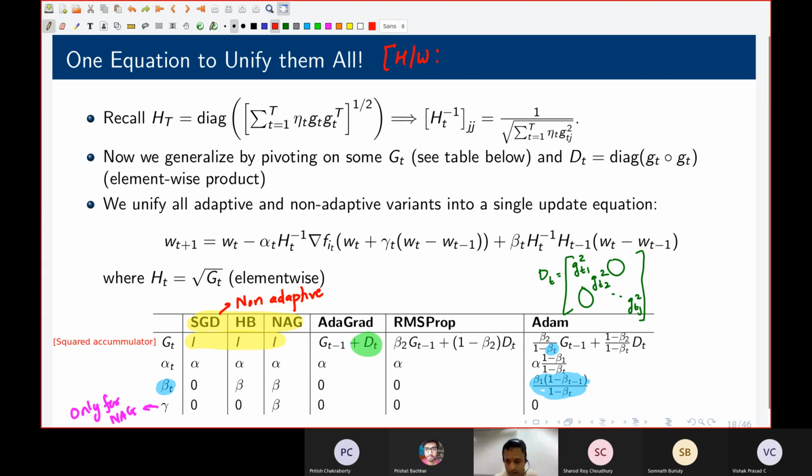Wait a second. Oh yeah, that's a good point. The denominator beta_t, right? No, this has to be checked. This needs to be verified. This beta_t is otherwise okay, but I think this denominator is a concern. I'll look at it. Thanks.